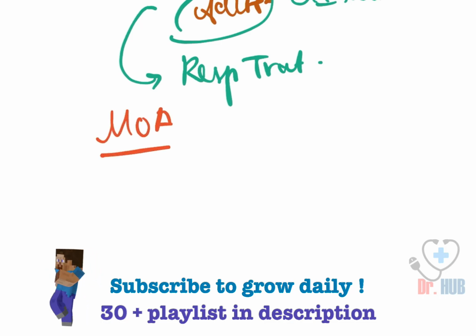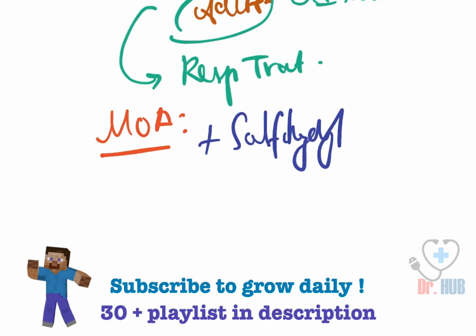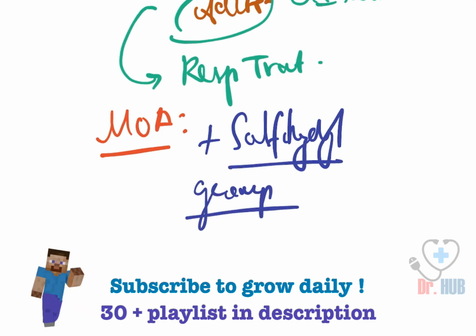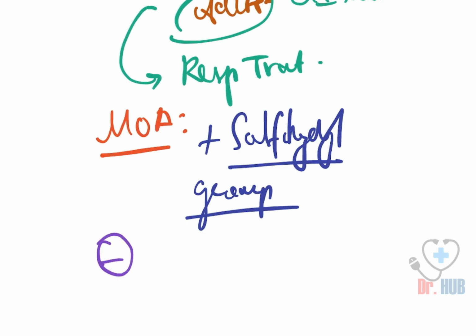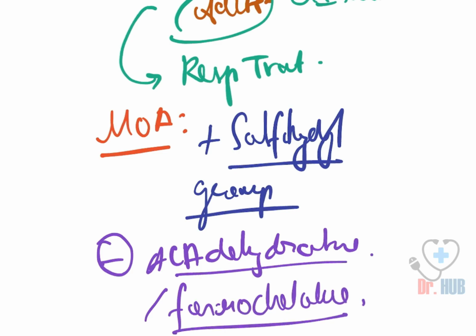Next, we look at the mechanism of action. It binds to the sulfhydryl groups. It inhibits the ALA dehydratase as well as the ferrochelatase.